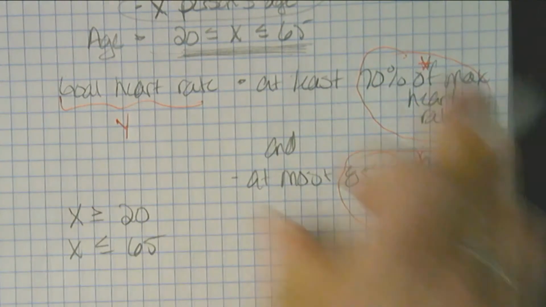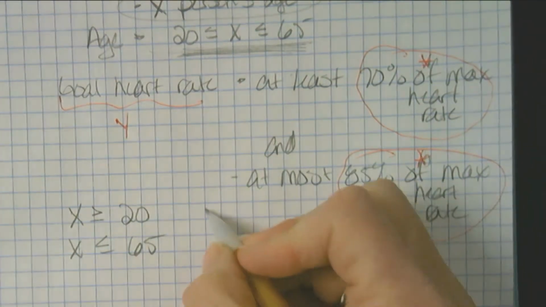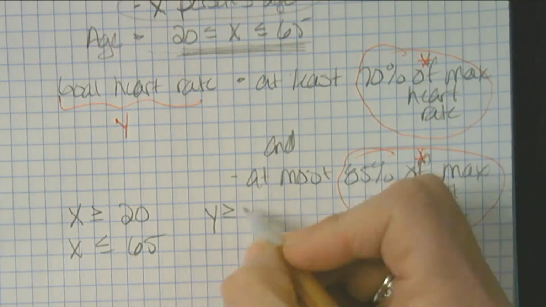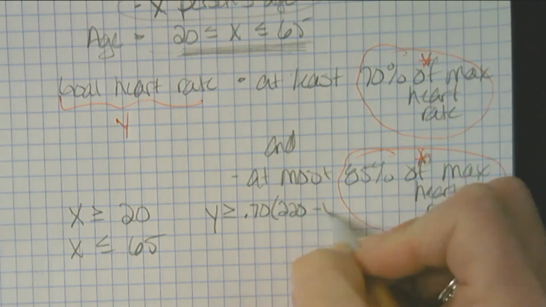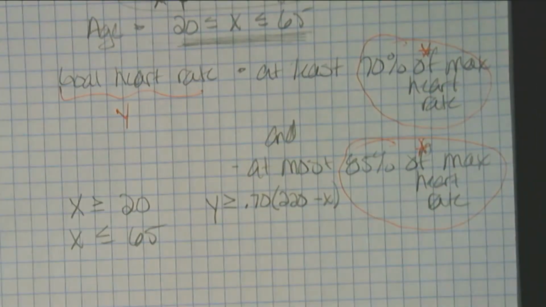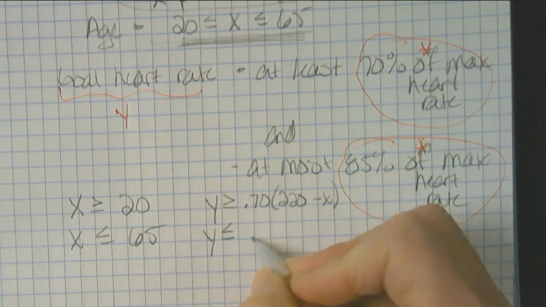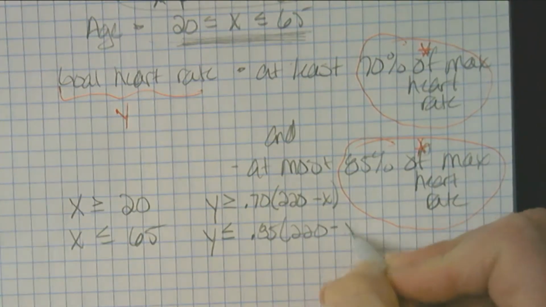Next is based on these goal heart rates. One of them is going to be y is at least, so y is greater than or equal to 0.70 times the quantity 220 minus x. And then the most it can be, so y is less than or equal to 0.85 times 220 minus x.